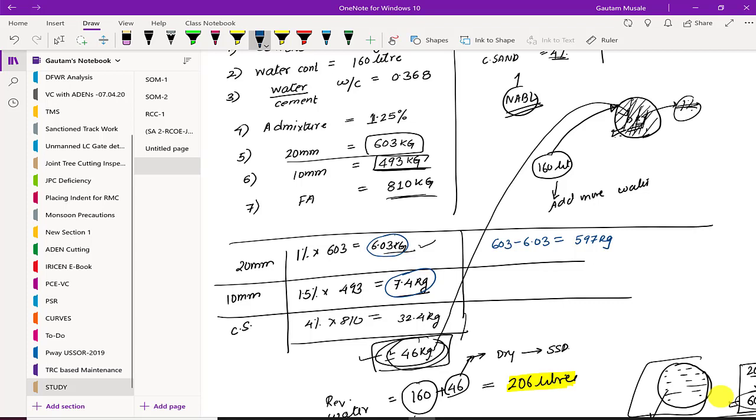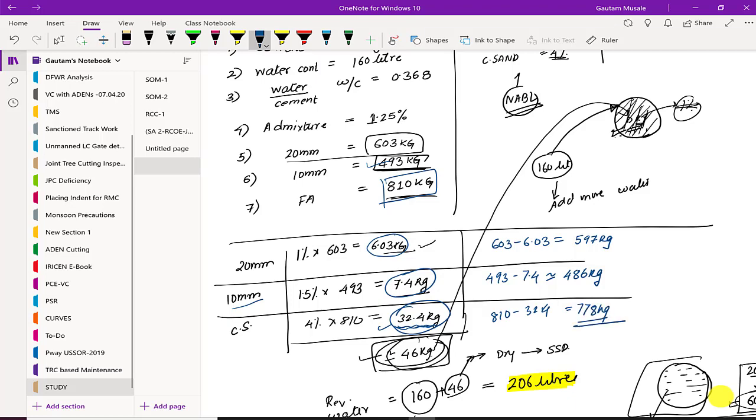How much is the 10 mm aggregates? It is 493. So 493 minus 7.4 approximately comes out to be 486 kgs. Similarly for crushed sand, 32.4 kgs or 32.4 liters of water you are going to add to the system. So 32.4 kgs of aggregates you will have to reduce. Reduce from where? Reduce from this 810. So 810 minus 32.4 comes out to be 778 kgs approximately, right?